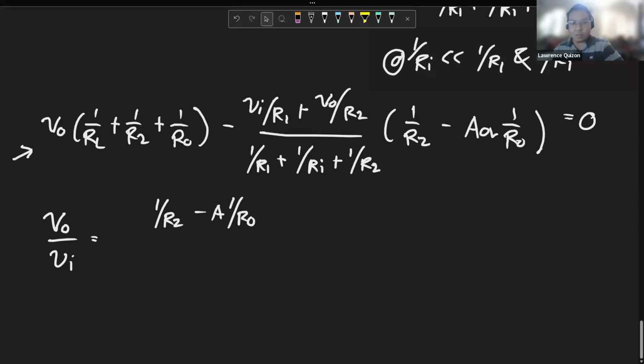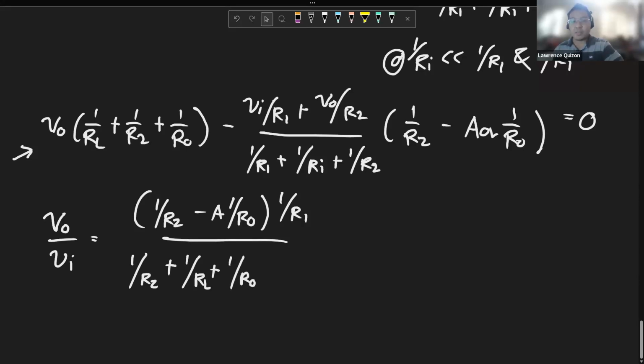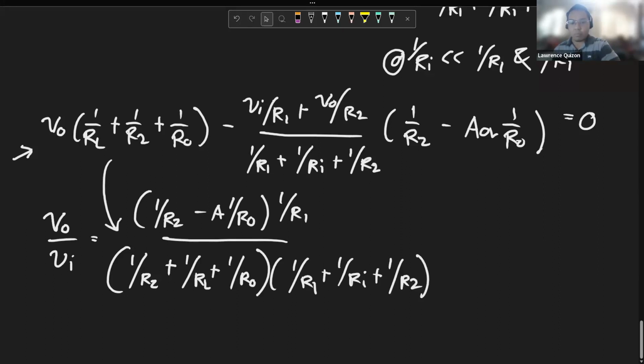1 over R out times 1 over R1 over 1 over R2 plus 1 over RL plus 1 over R out. So you can see the individual terms. So ito napunta doon. So ito napunta din doon.